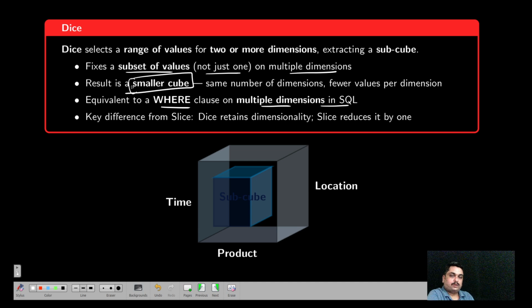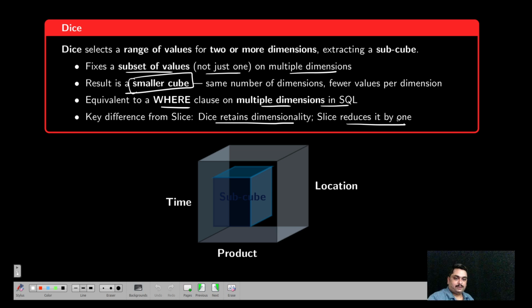It will not convert 3D to 2D. It will go from 3D to 3D, but the data cube size will reduce because you have fixed some values. So the key difference is that dice retains dimensionality, while slice reduces it by 1. In slice you are removing one dimension. In dice you are fixing values for multiple dimensions, so the dimensions are not removed.